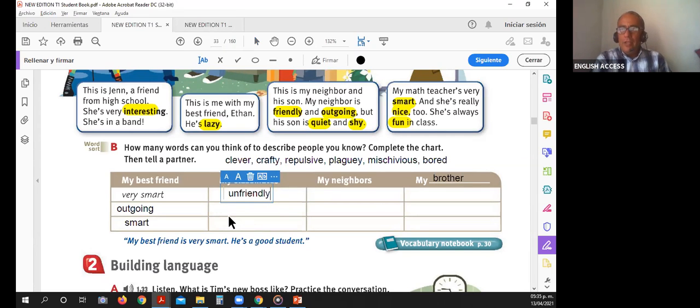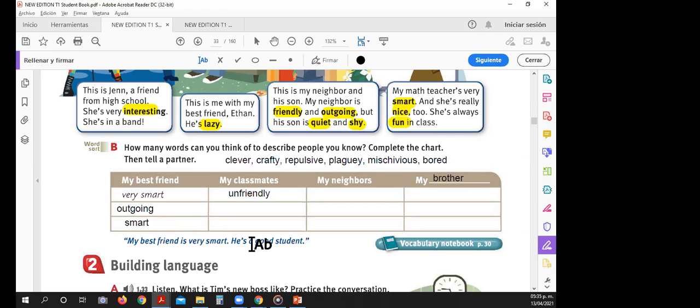In this case, it applies for this one also. Because smart, the other word is not a very good word. Dumb means slow. You can use unfriendly. Thank you. You're welcome.